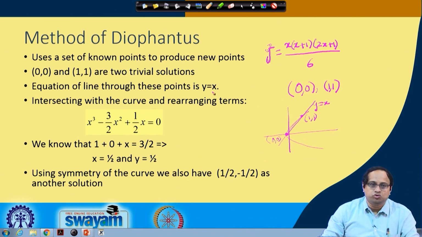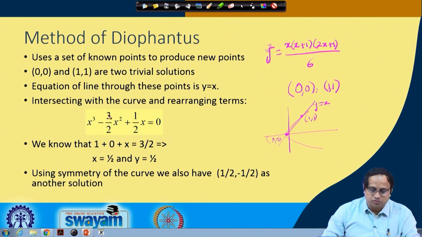Since this equation is cubic with respect to x, if I plug in y equals x into the curve equation and do a few rearrangements, you will get this equation, which is x cubed minus 3 by 2 x squared plus 1 by 2 x.